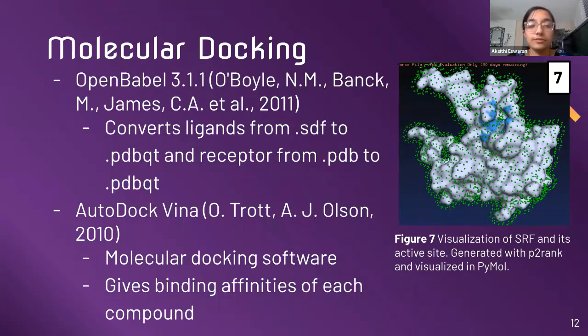AutoDock Vina requires that each compound, the ligands, and the receptor are in the PDBQT format. So we use OpenBabel to convert all the files to that format. Shown here is SRF with its active site highlighted in blue, and we visualize this with P2Rank and PyMOL.